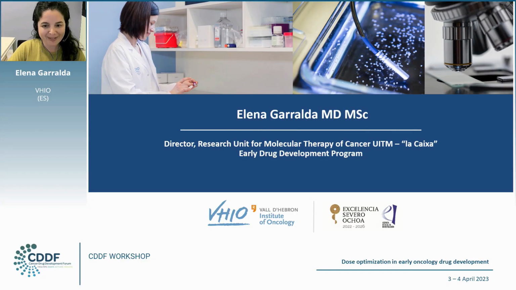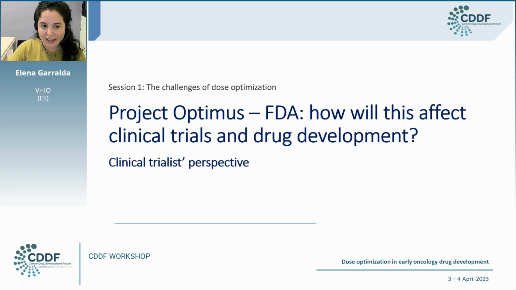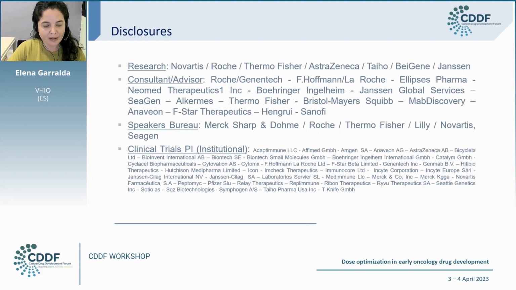Good morning. It's really a pleasure for me to be here today and be discussing Project Optimus, how this will affect clinical trials and drug development, and speak about my clinical trials perspective.